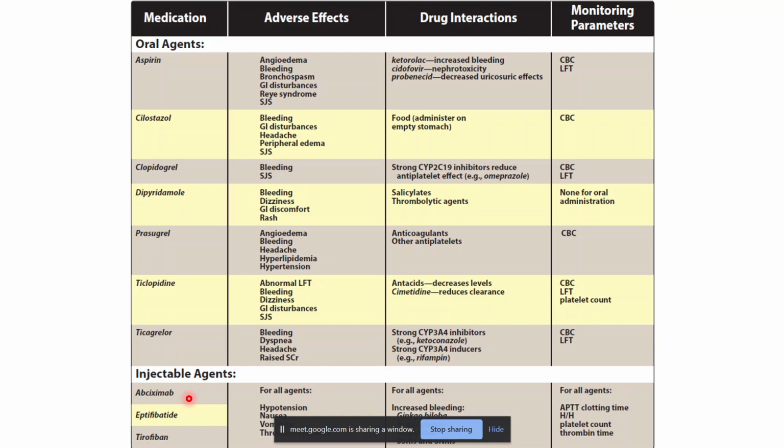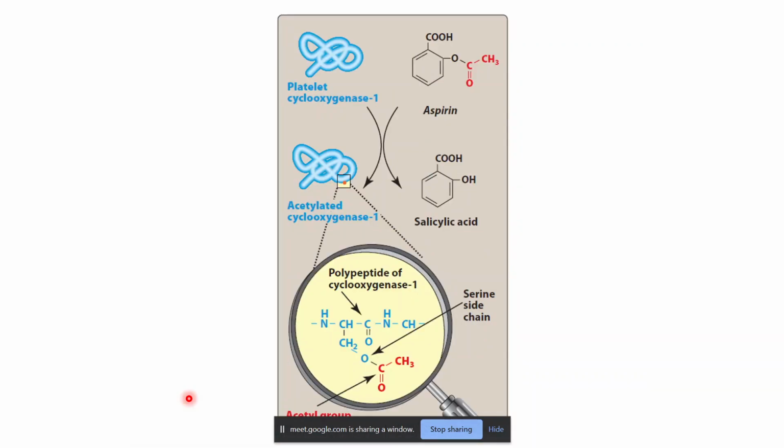So the first drug is aspirin, and aspirin is inhibiting the cyclooxygenase. Cyclooxygenase is located in the platelet and is producing thromboxane A2 from the arachidonic acid.